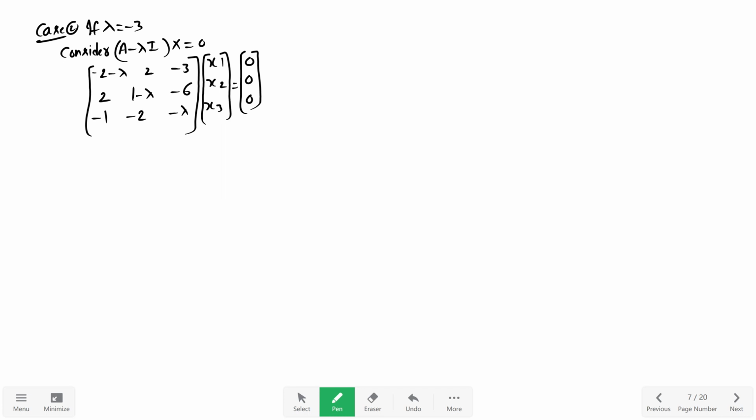Substitute lambda equal to minus 3 in this matrix. Minus 2 plus 3 gives 1, then 2, minus 3 in the first row. Second row is 2, 1 plus 3 is 4, minus 6.